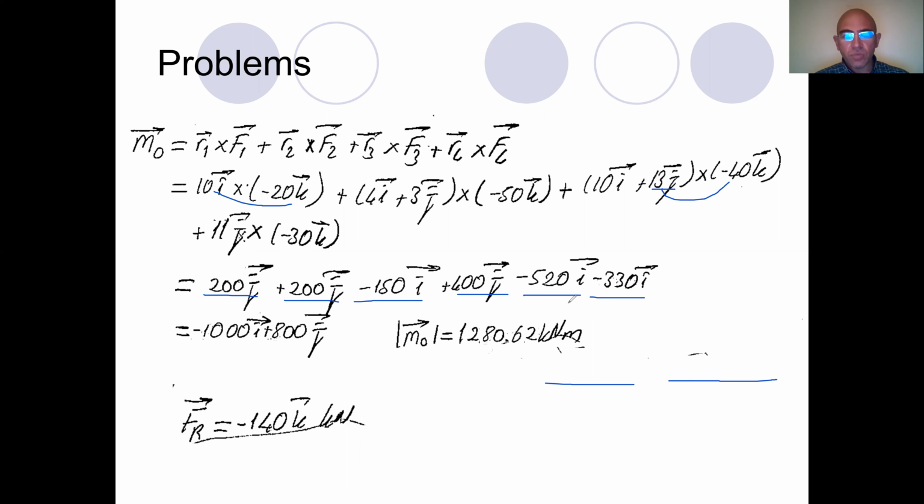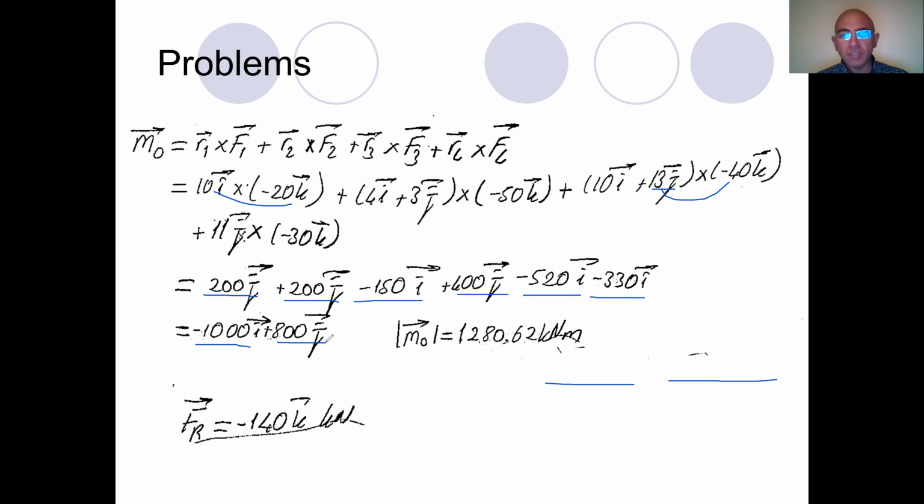Now if I sum up all the x and y components, minus 150, minus 520, minus 330, so it is minus 1000i vector, and plus 800j vector.